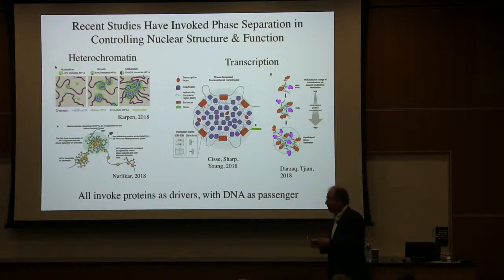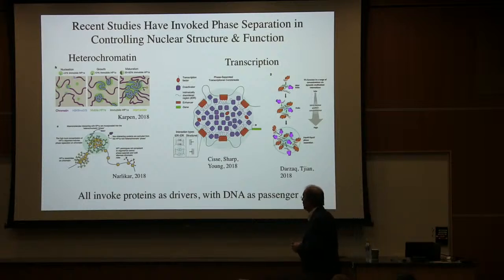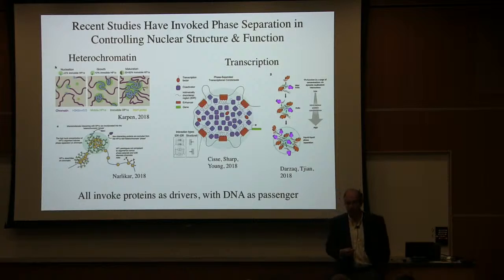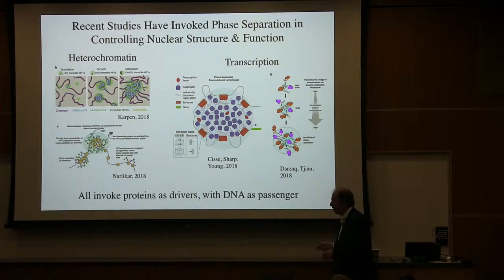And they proposed, on that basis and a variety of other data, that this phase separation of HP1 alpha is an important organizer of chromatin. There's been a lot of work done on various models of assembling transcriptional machineries. There are some who have argued for overt liquid-liquid phase separation, particularly Phil Sharp and Rick Young.